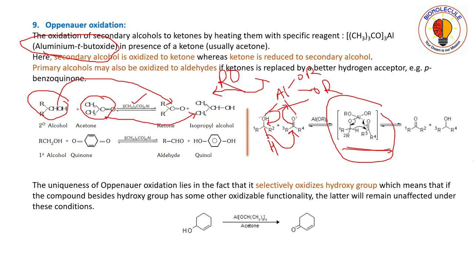Thus from the secondary alcohol you are getting the ketone, whereas from the ketone you are getting a secondary alcohol.